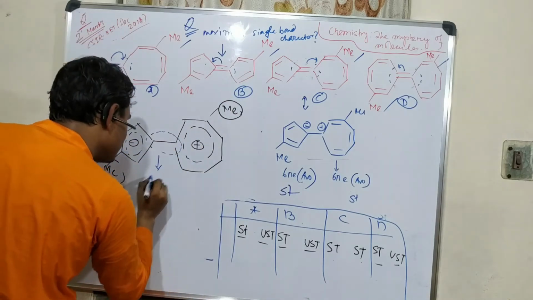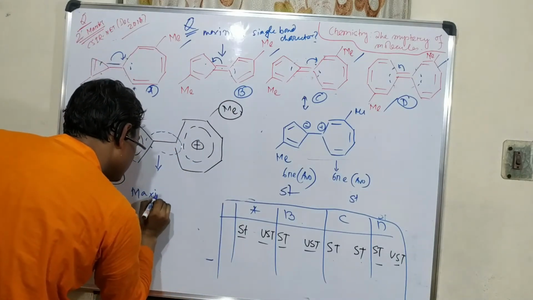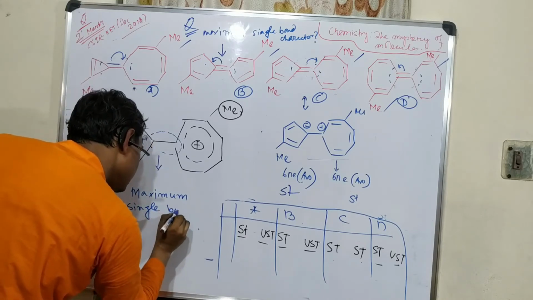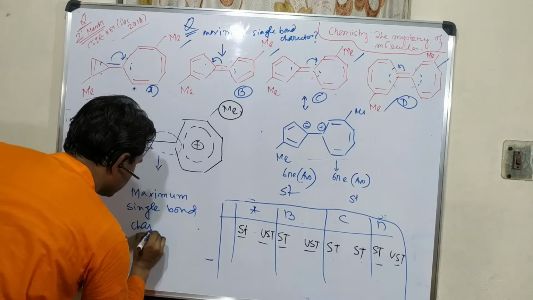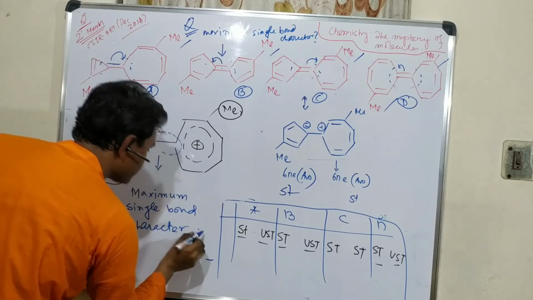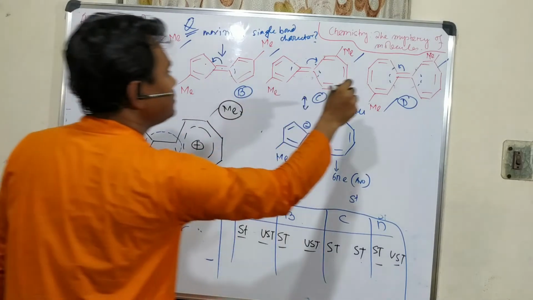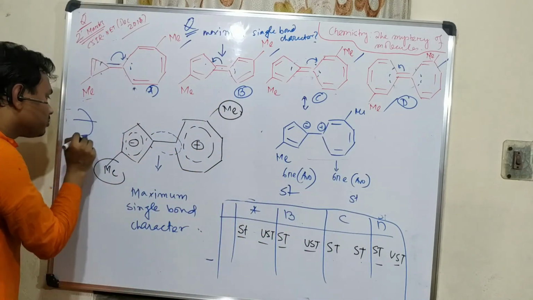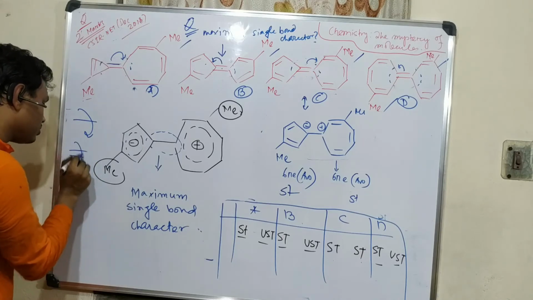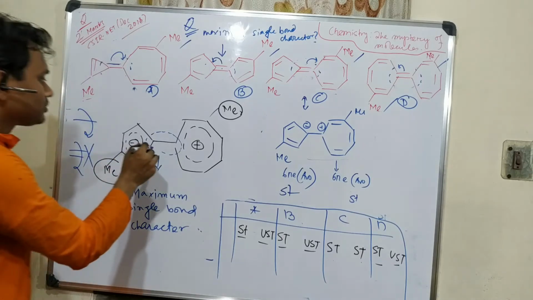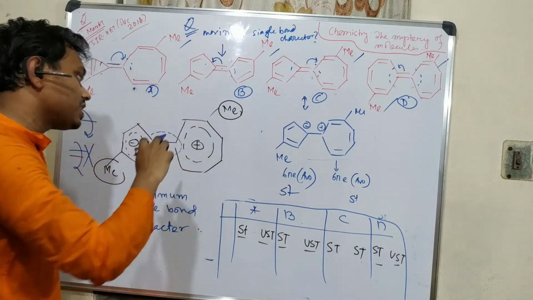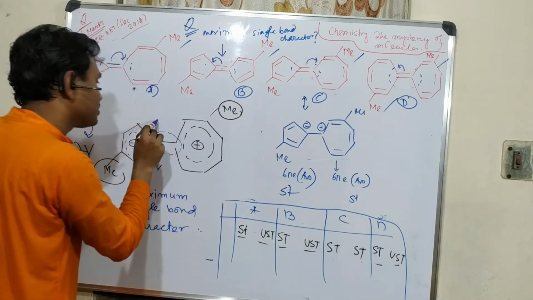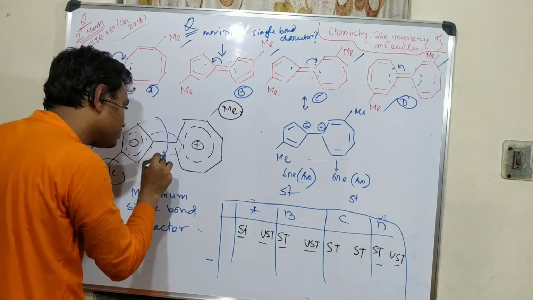So this has maximum single bond character compared to the others among A, B, C, D. Maximum single bond character means, I told you, single bond rotation is possible, but double bond rotation is not possible. So here rotation will be maximum possible among the 4.